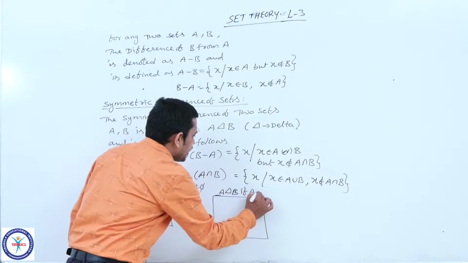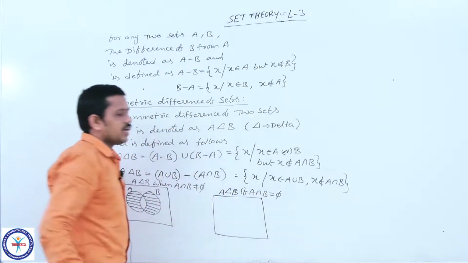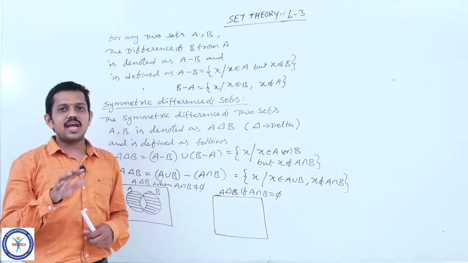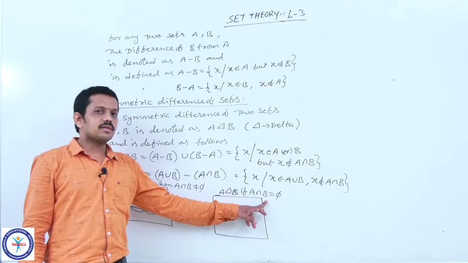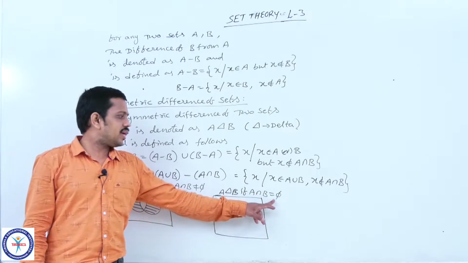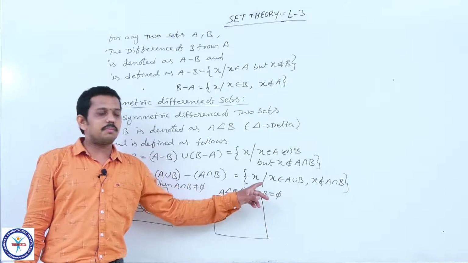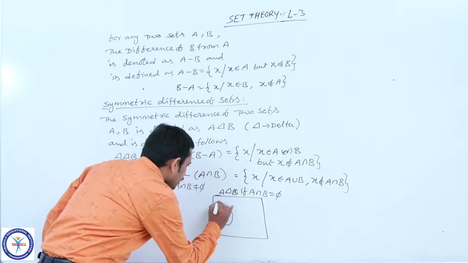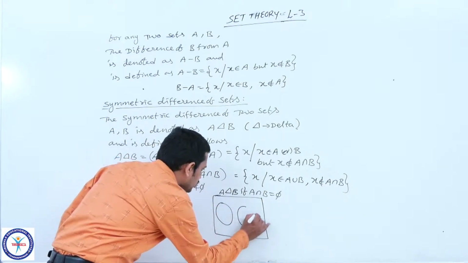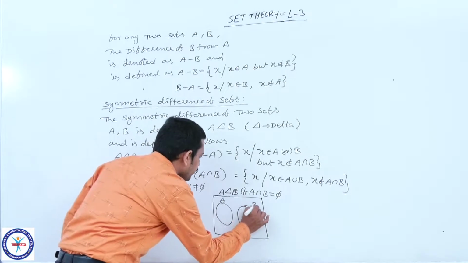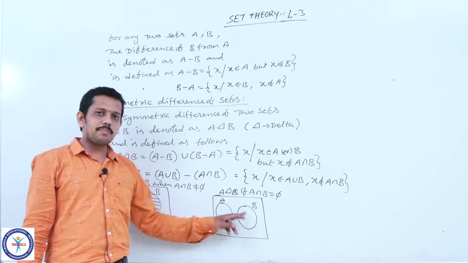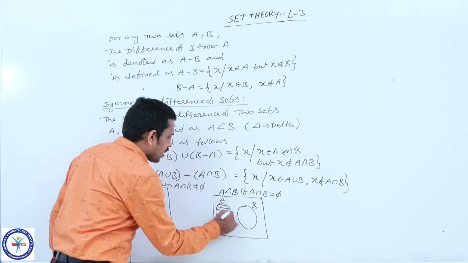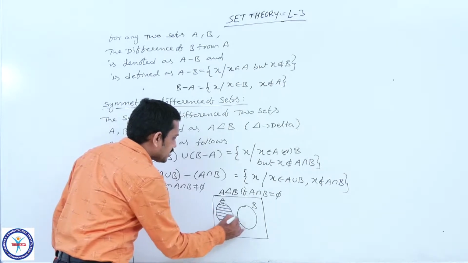If A intersection B is equal to the empty set, then there is no common element in sets A and B. The intersection means common elements in both A and B. So here it is the null set, meaning there is no common element in set A and set B. Therefore, diagrammatically, these two represent two individual circles which have no overlapping. Then A delta B is equal to the set of all elements in A and the set of all elements in B.